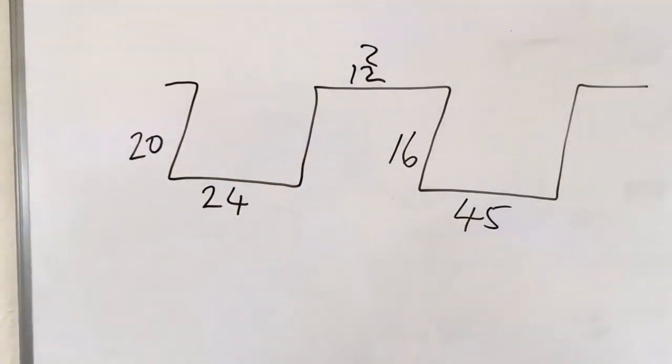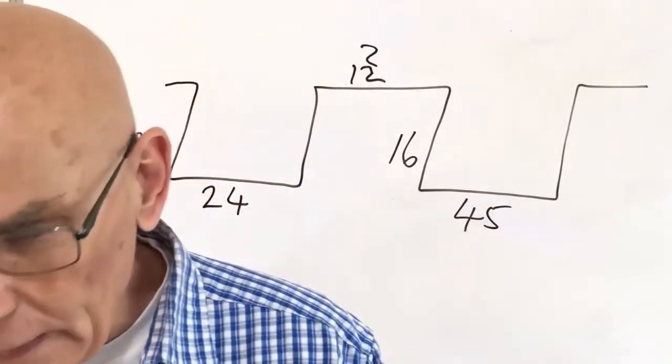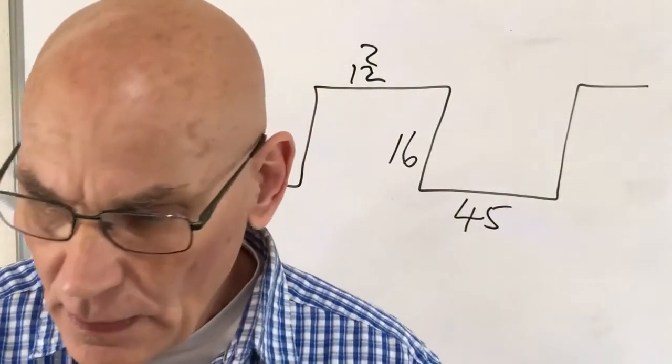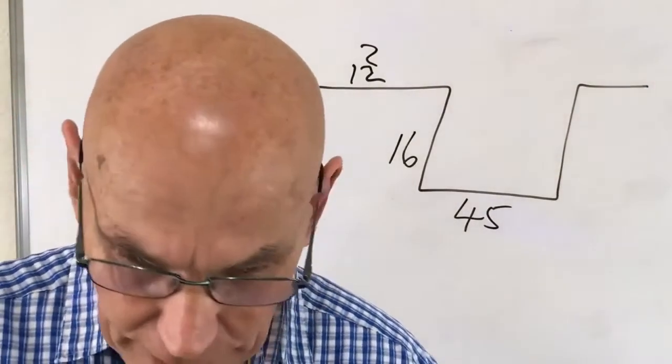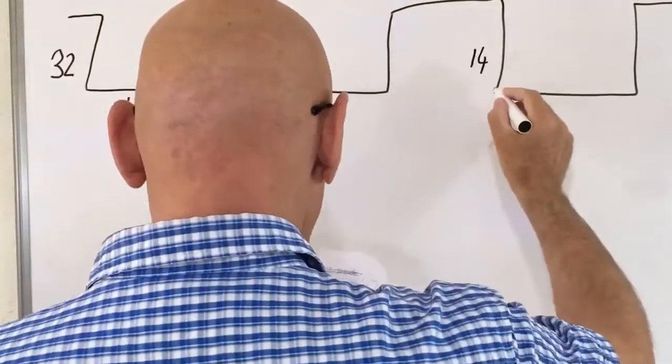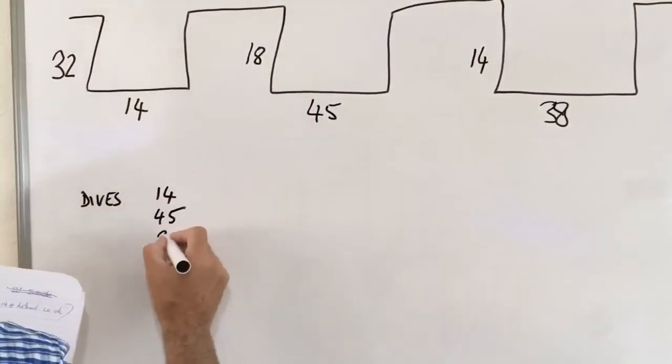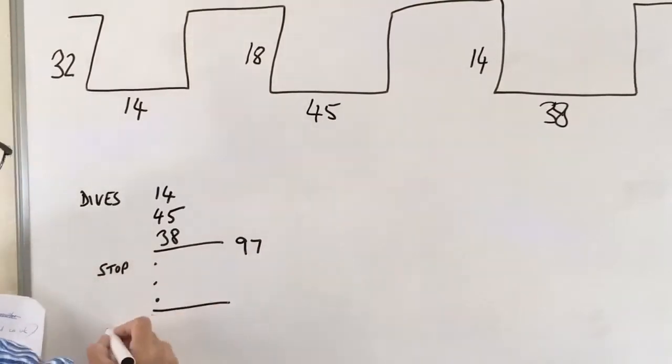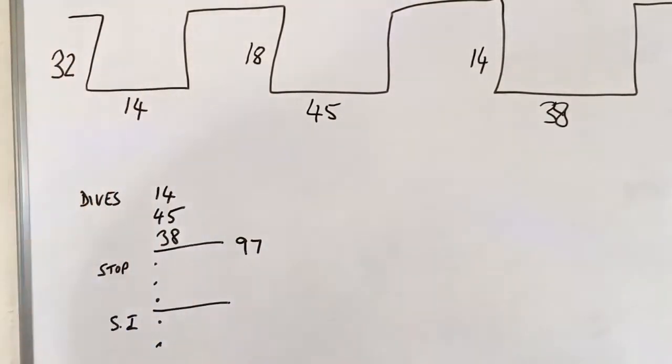Probably the trickiest one that people find. They get stuck on this one most of all. So let's just have a look at it. Okay, you may have seen a question like this before.